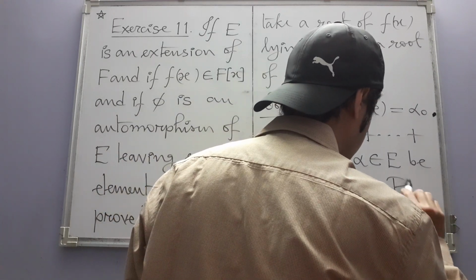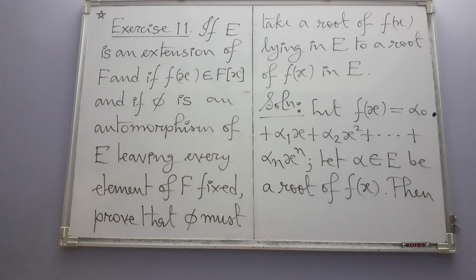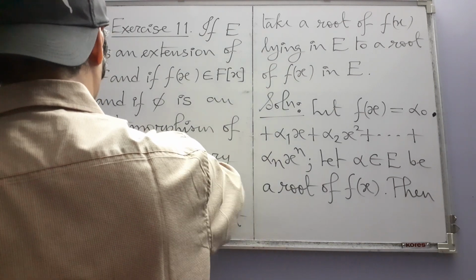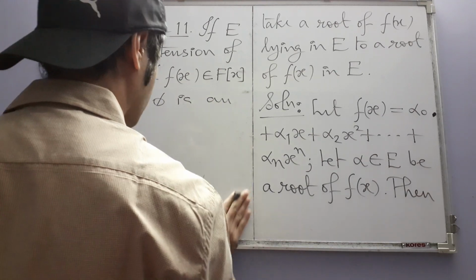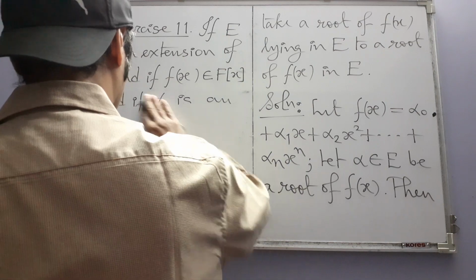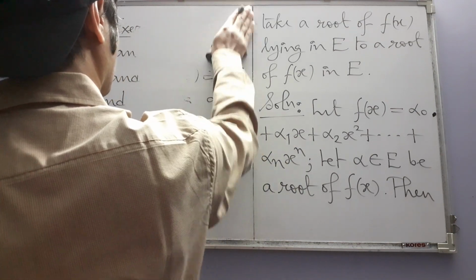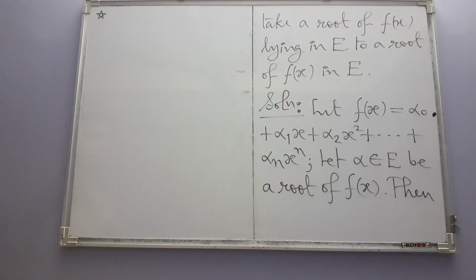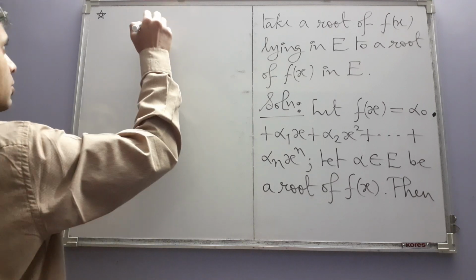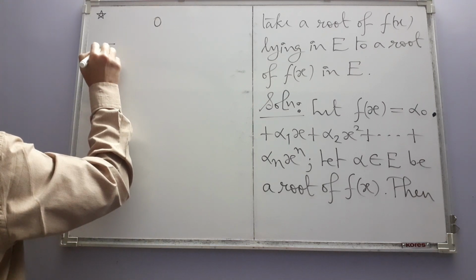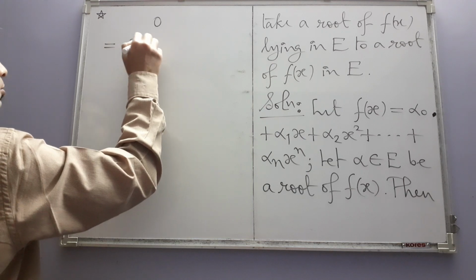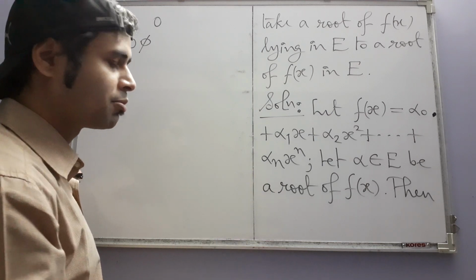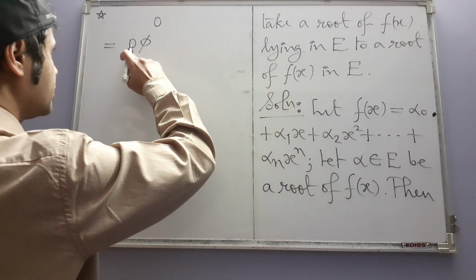Then 0 is equal to 0 phi, because phi being an automorphism is a homomorphism, so it maps the 0 element of E to itself.